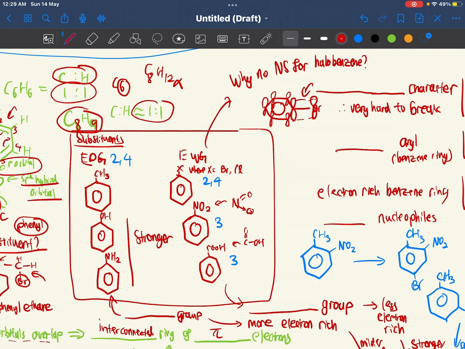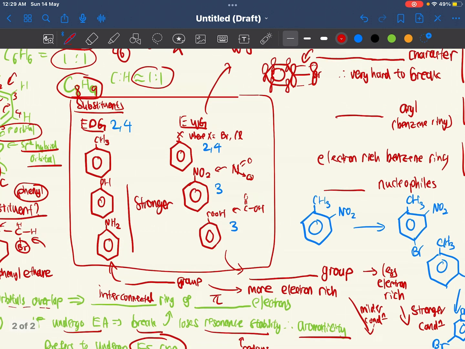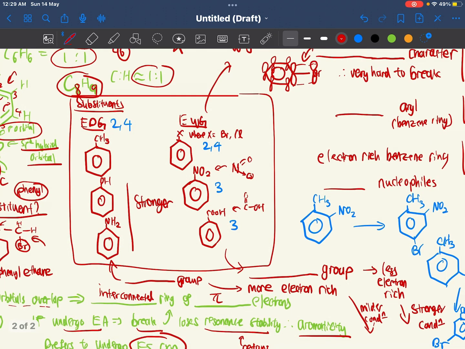One is an electron donating group, and the other is an electron withdrawing group. Electron donating groups are activating groups, which make the benzene ring more electron rich.